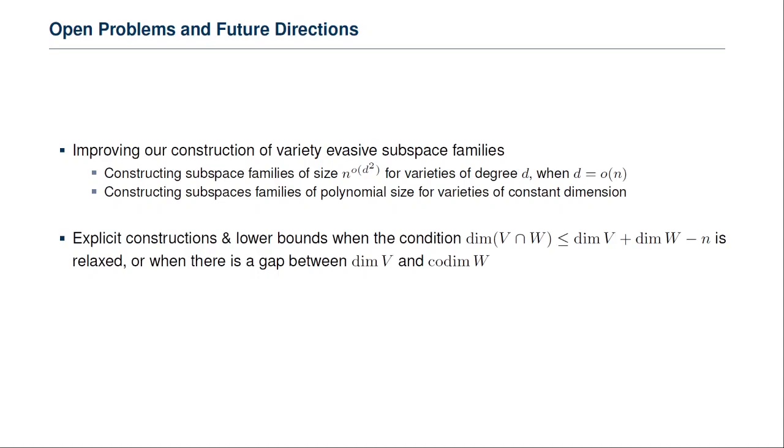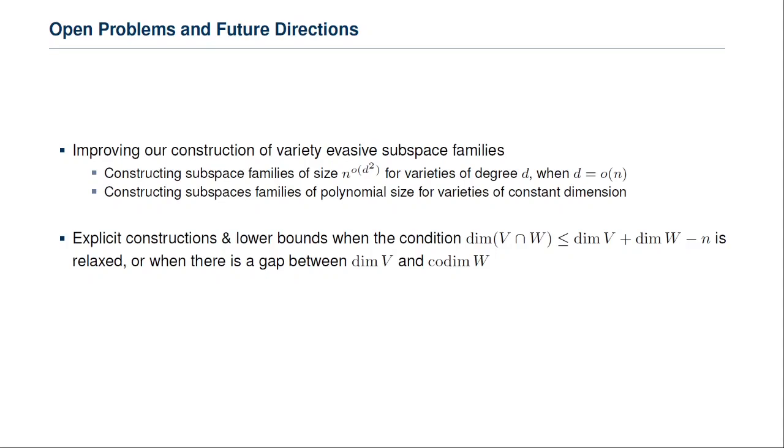And another direction is considering the explicit construction and proving lower bounds when we relax the condition of evading. Say we could allow the dimension of the intersection of V and W to be slightly greater than the bound dimension of V plus dimension of W minus n.